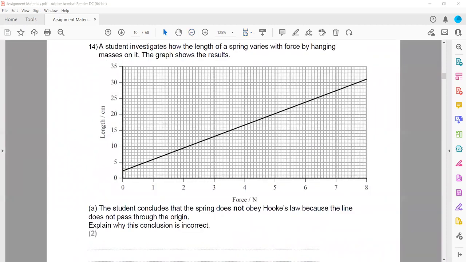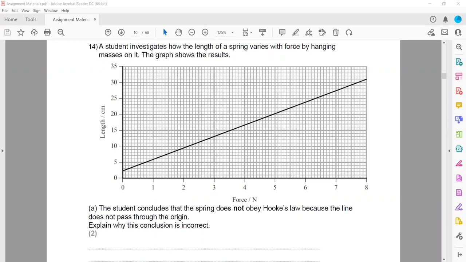Because Hooke's law is not a statement between force and length, it is a statement between force and change in length. The graph is for length, not for extension. According to Hooke's law, force and extension are directly proportional, not force and length.